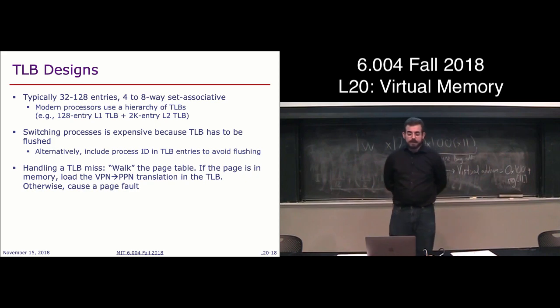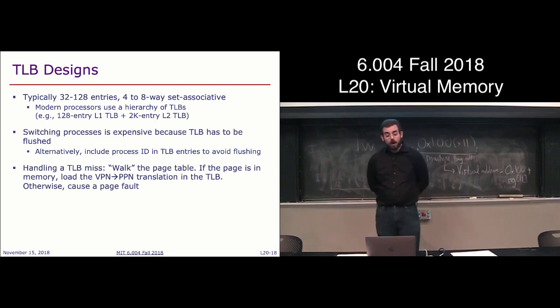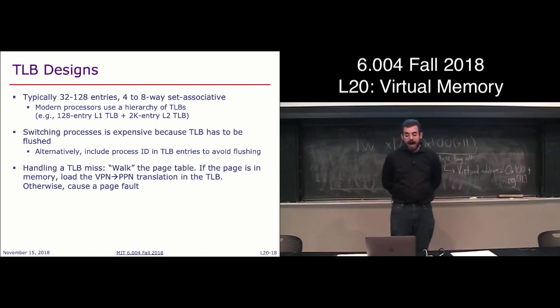So some systems will do this, and then there's another big design decision, which is what happens on a miss? And here all systems need to check the page table, which we call walking the page table. And the key question is, well, how do you do this? You could do it in hardware, you could do it in software. It's not that frequent, so it's okay to do it in software.